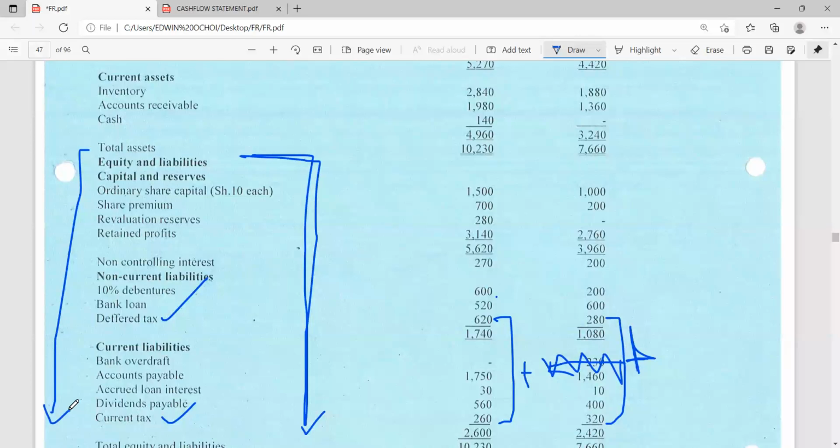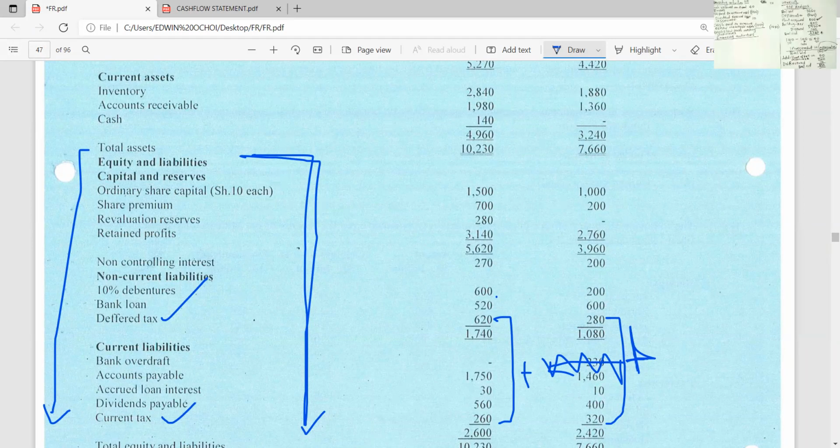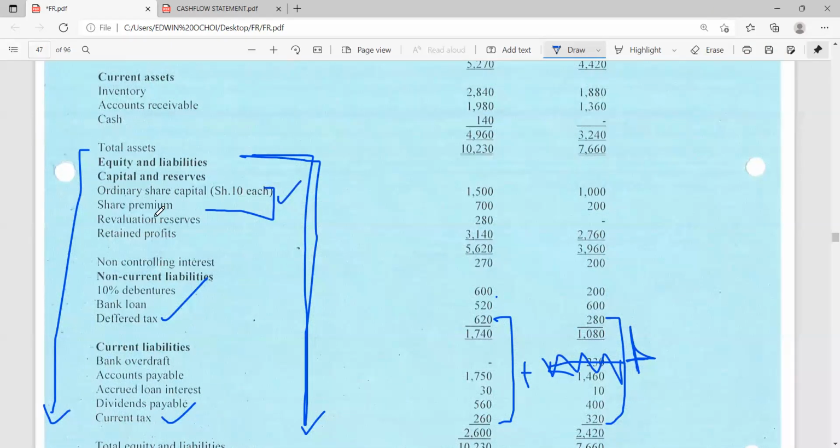So let us start with ordinary share capital and share premium. We combine them, and then we do the relevant adjustments. For the combination of ordinary share capital and share premium, what am I checking? I will be checking if there's any issue of shares or a redemption of shares.